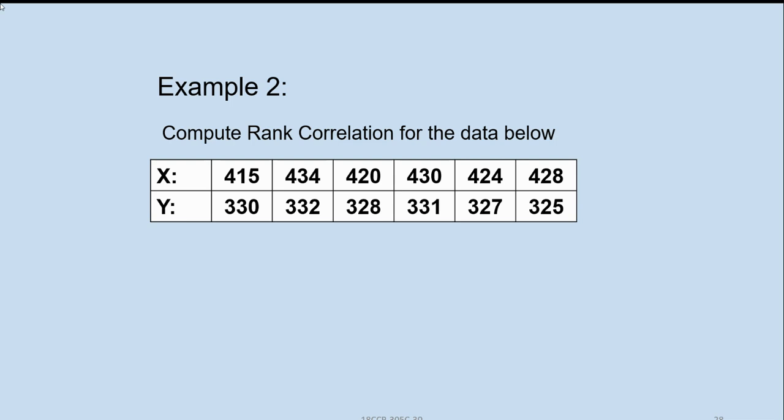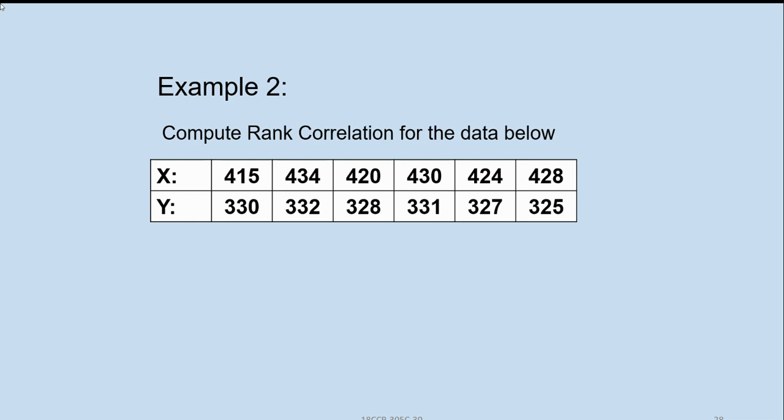Next number is 424. 424 is 3. 428 is 4th. 430 is 5th. And 434 is 6th. So these are the ranks. In R1, you have written all the 6 ranks.